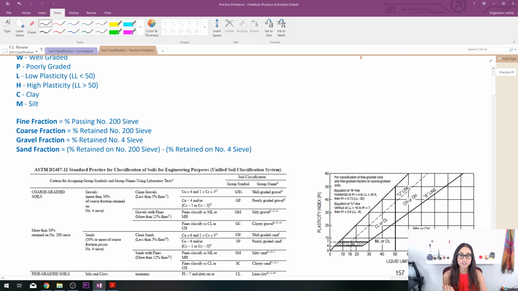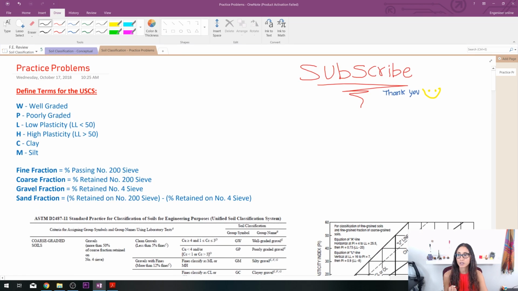G stands for gravel, S stands for sand, W stands for well graded, P stands for poorly graded, M stands for silt, C stands for clay. Then we have L, low plasticity, and that means the liquid limit has to be less than 50. And for high plasticity, your liquid limit has to be greater than 50.